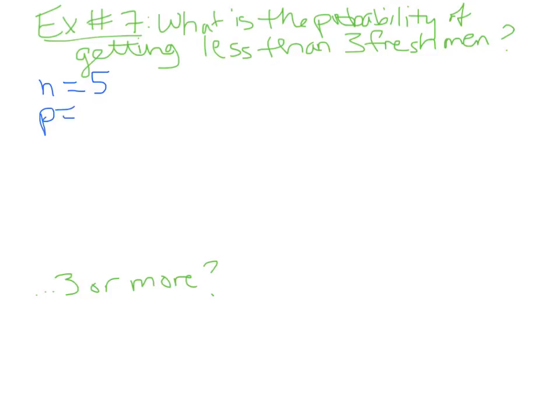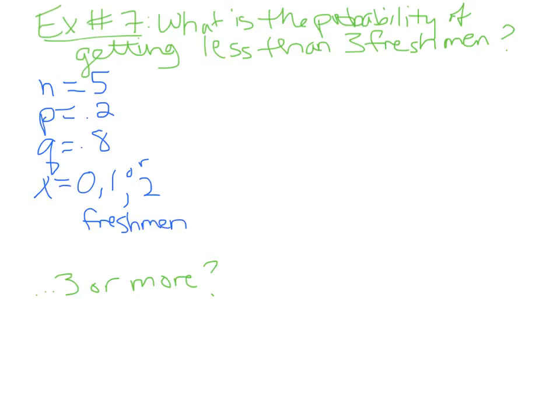The probability of getting a freshman was 0.2, probability of not getting a freshman was 0.8, and the number that we wanted in this case is actually going to be less than 3 freshmen. So that's what we're going to be looking for in this case. So we want either 0, 1, or 2 freshmen. That's our goal.